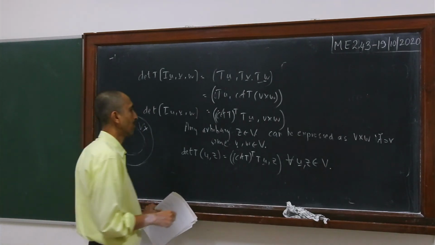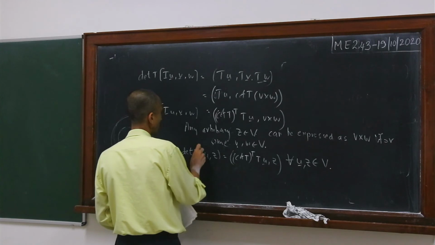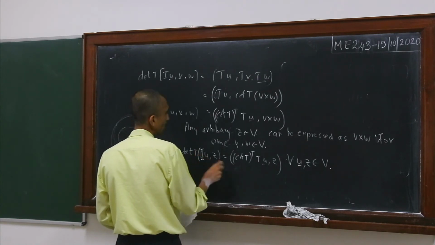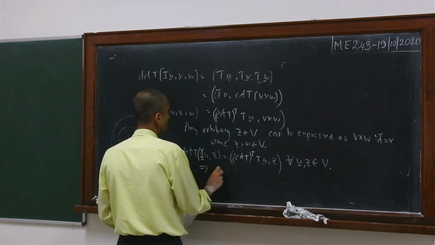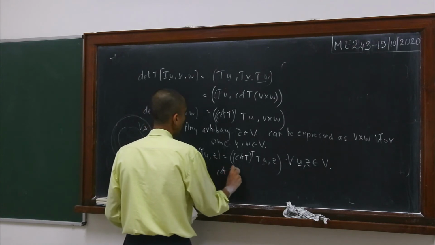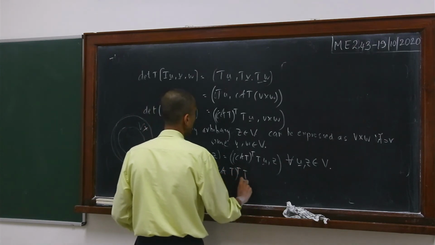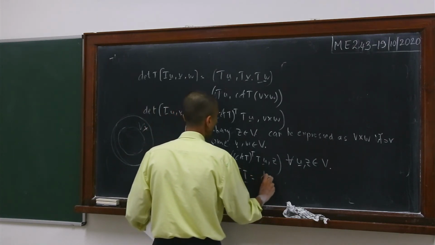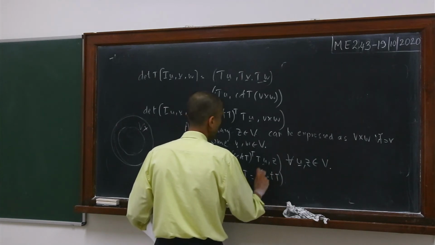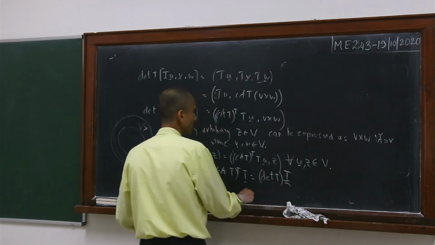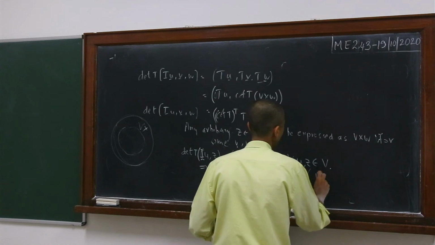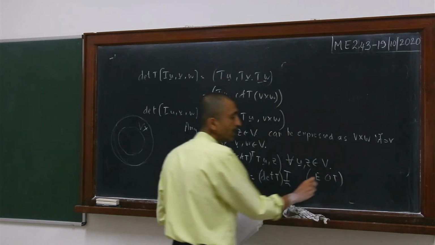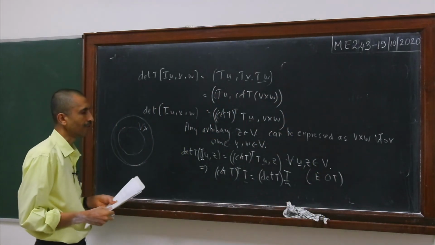From that, this implies that cofactor of T transpose times T is equal to determinant of T times identity tensor, right? So this is equality of tensors. I will just abbreviate it: EOT stands for equality of tensors here.